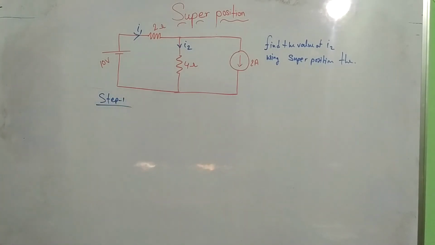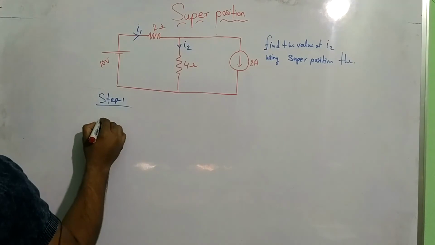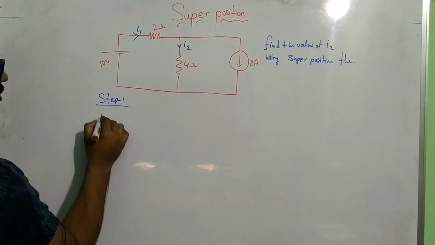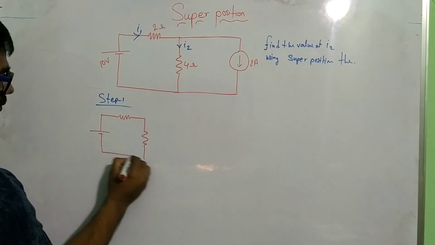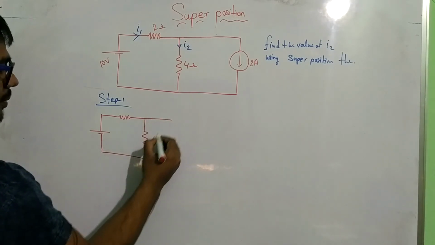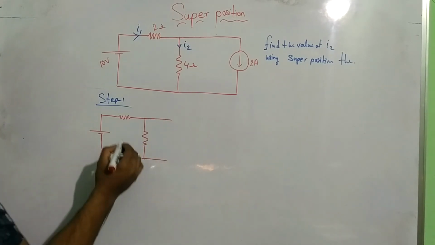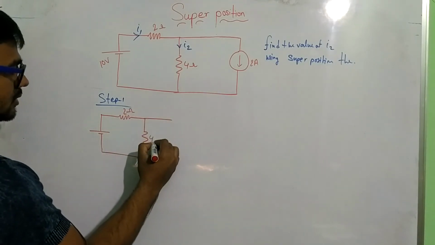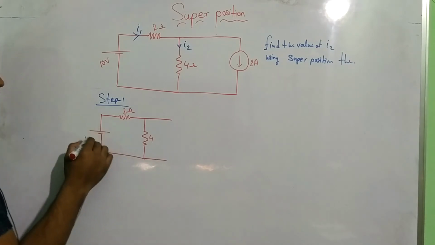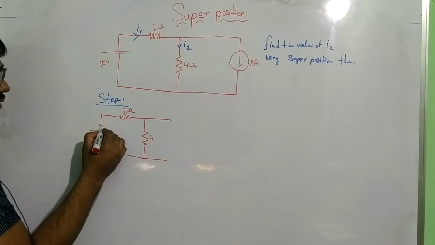Step 1. So what is step 1? When I am taking one source, what are the other sources, open or short? When I am taking the voltage source, the remaining current source is open. If the current source is open, then from this source the current will flow.